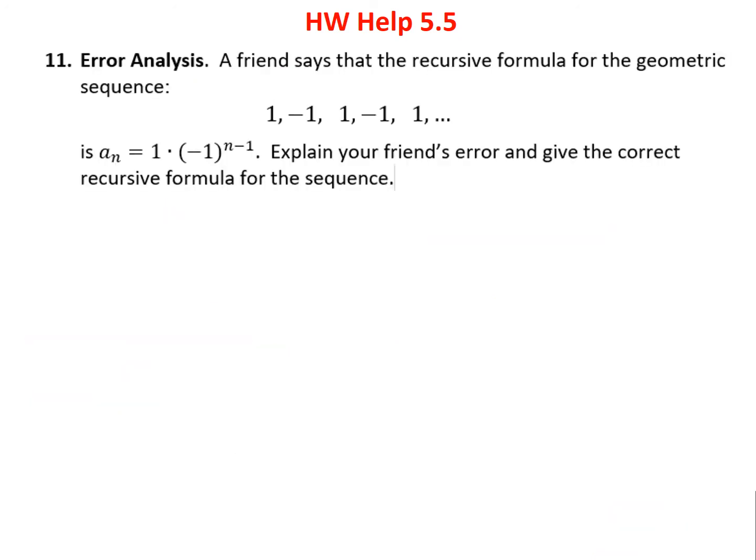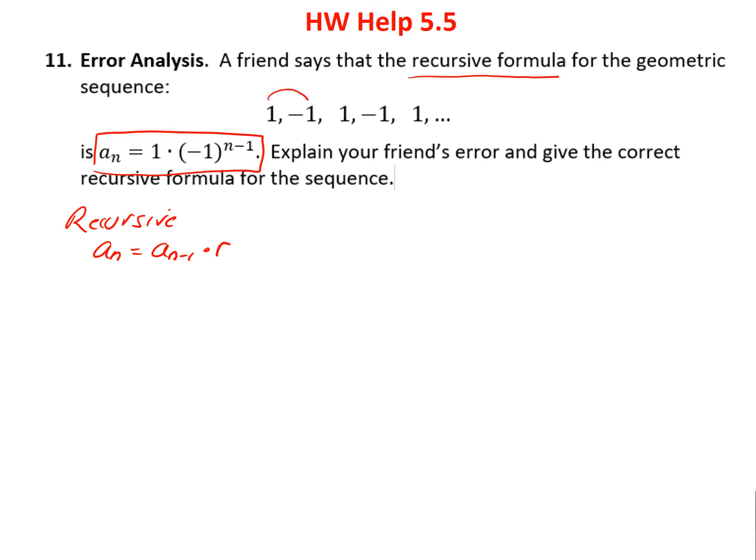Number 11 is an error analysis. So what I usually do with error analysis is I just work the problem and see what they did differently. It says that a friend says that the recursive formula for the geometric sequence is this. Well, you remember the recursive formula simply says that the nth term equals the n minus 1 term times the common ratio.